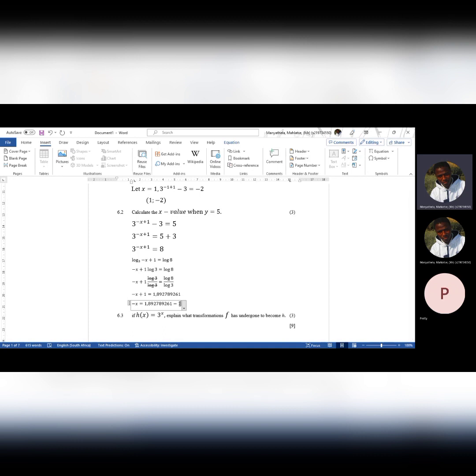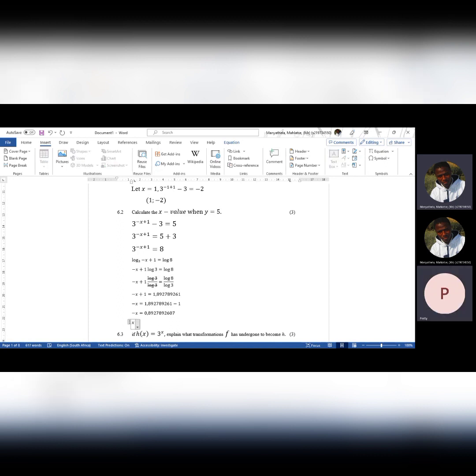So to save time, on log 8 over log 3 subtract 1. Negative x equal to 0.892789261.